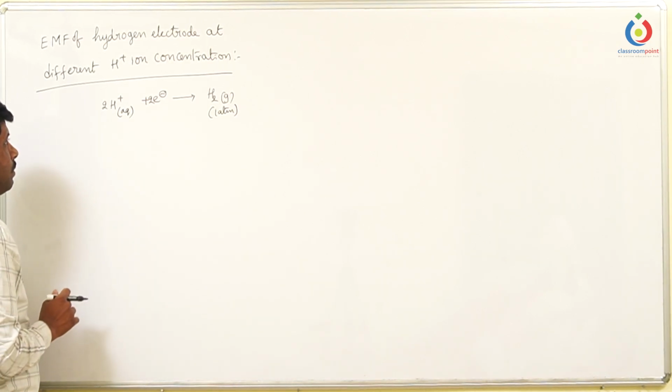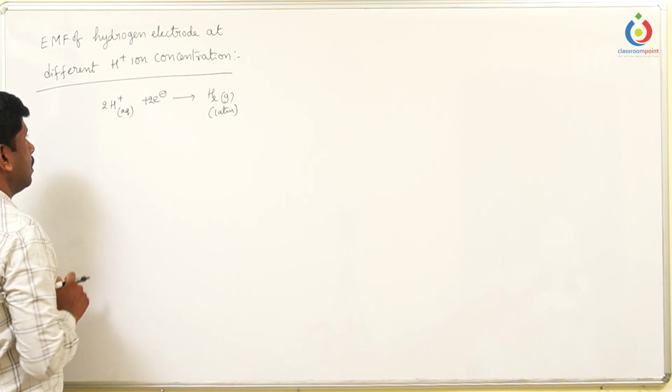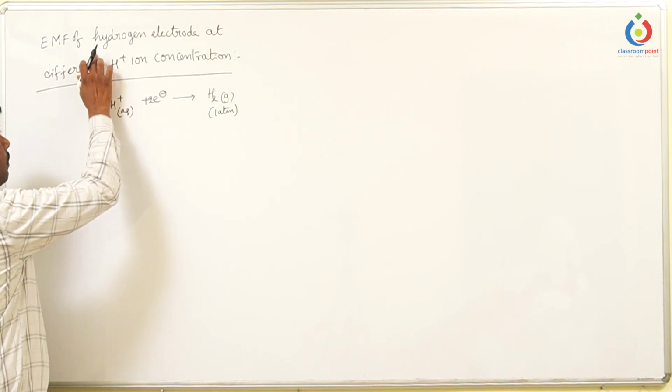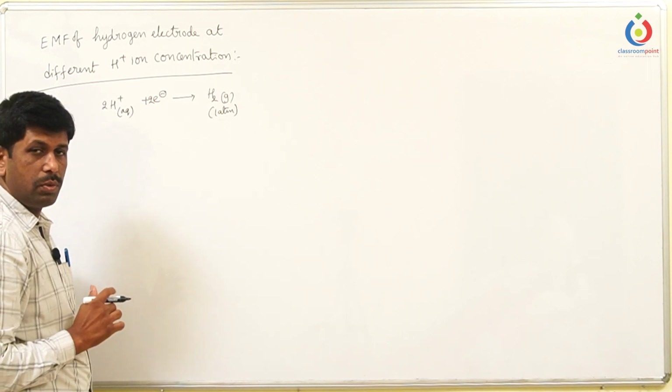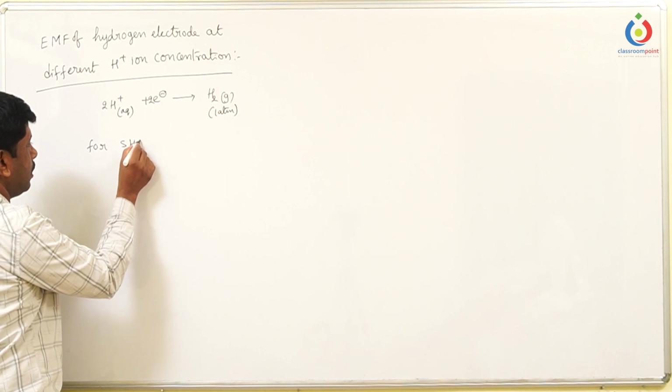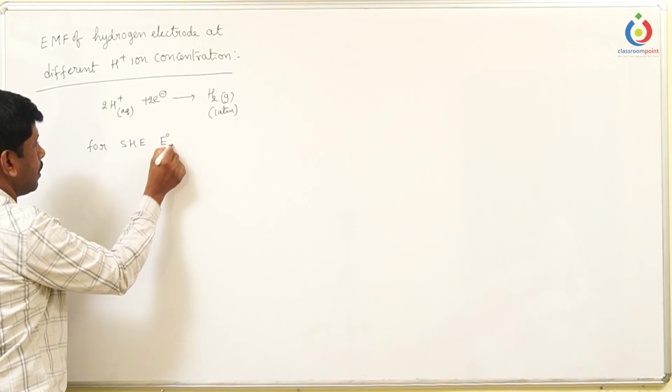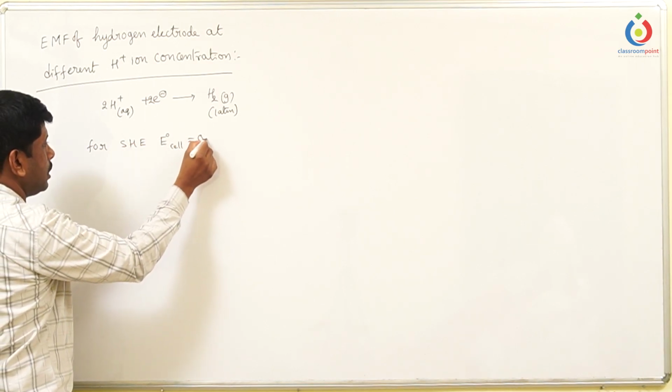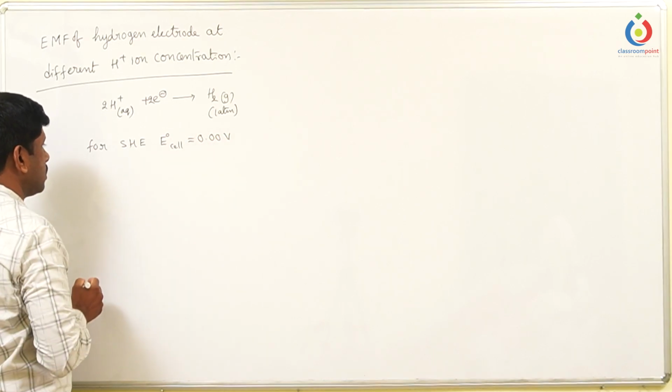Now apply the Nernst equation for this reduction reaction, and remember that for the hydrogen electrode E0 value is equal to 0. So for the standard hydrogen electrode E0 cell is equal to 0.00 volts.